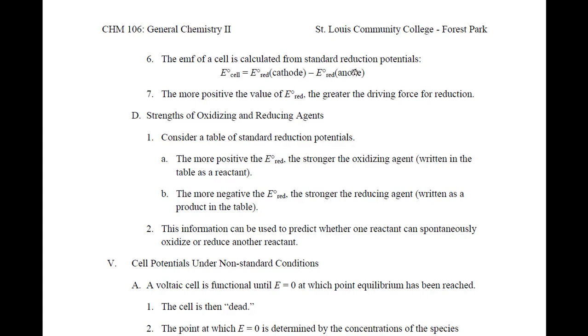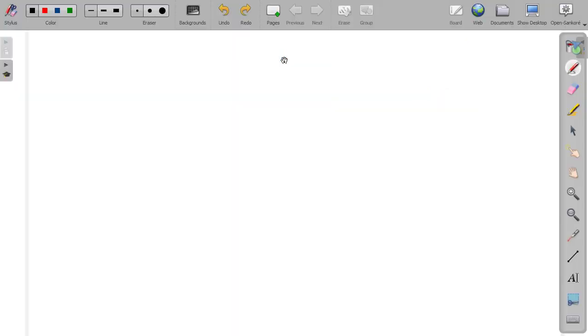So whenever we do this for any equation, then you're going to have to take the equation given and break it into its 2 half reactions so you know which one's the reduction half equation and which one is the oxidation half equation. The more positive the value of the reduction potential, the greater the driving force for reduction. So let's try a lecture problem under standard conditions then and calculate this.